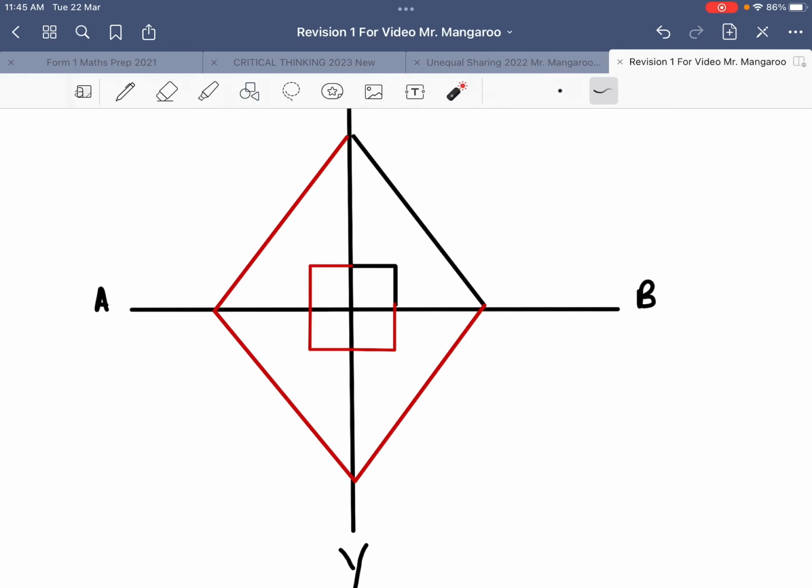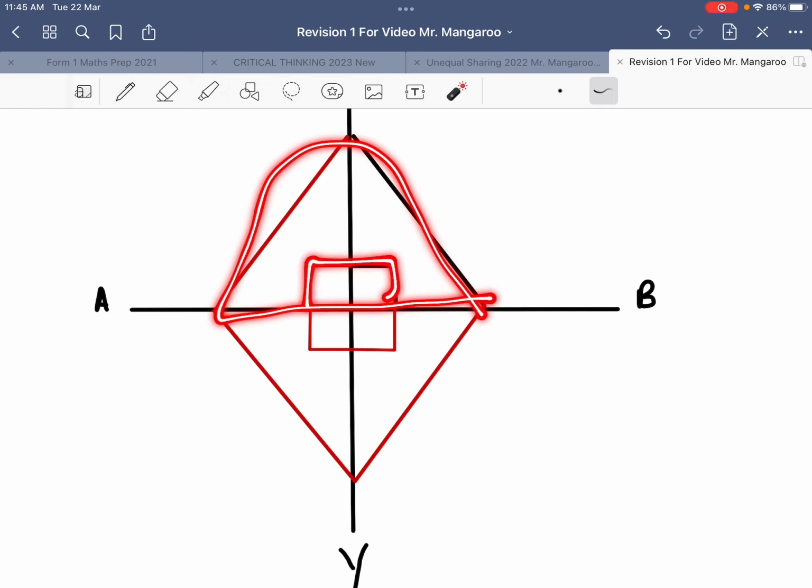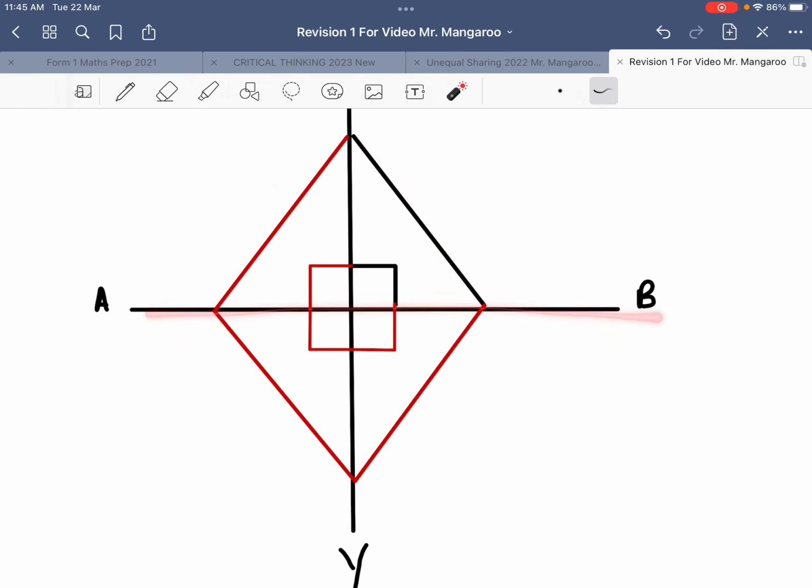Right, so this line will reflect here, and this will reflect here, and then this entire piece on top here will reflect below this line. So this will come down here, this piece, when we fold it, will come here, and this piece, when we fold it, will come here.